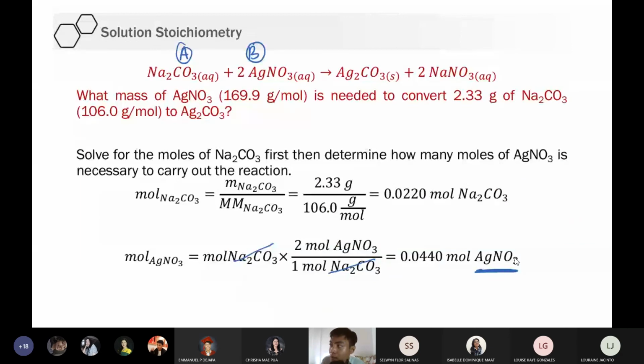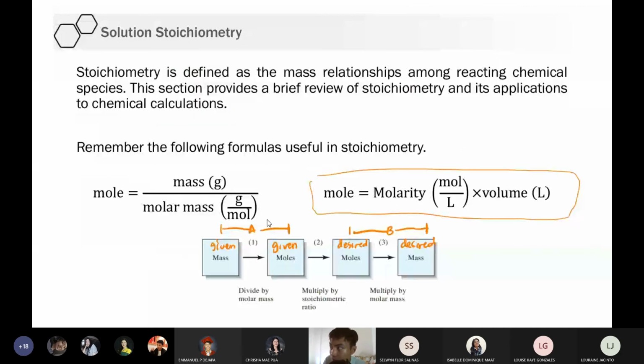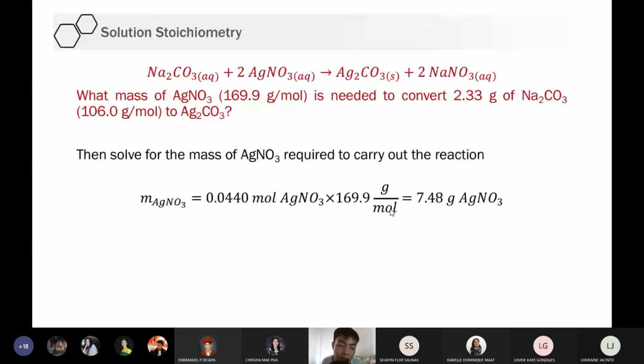Okay? Then after that, since ang tanong ay mass, last step nyo na yan, from mole to mass. Multiply mo lang yan sa molar mass and then you will get the answer. 7.48 grams of silver nitrate is necessary to carry out the conversion of 2.33 grams of sodium carbonate to silver carbonate, assuming that the reaction yield is 100%.